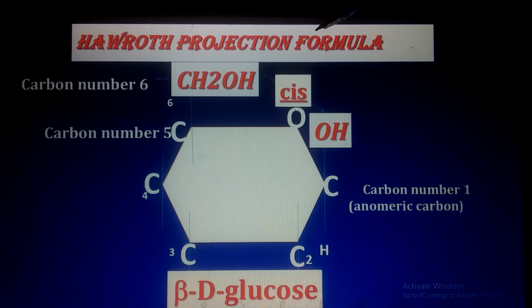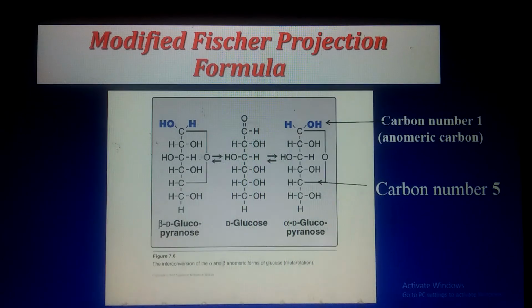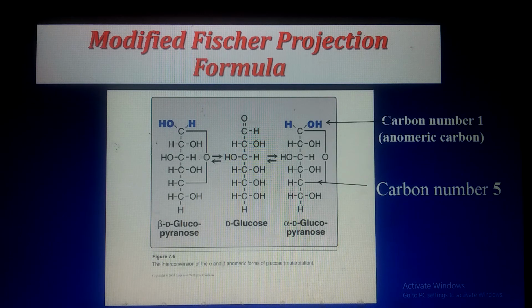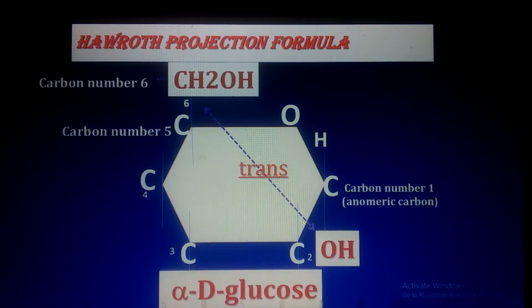Cis on the same side, trans on the different side. So in case of the beta, OH and CH2OH present on the same side, and in case of the alpha, CH2 and OH present on the different side. So this is the cyclic form of the Haworth projection, which is three-dimensional, and Fischer is the two-dimensional. Now you can see here the clear difference between the Fischer projection and the Haworth projection.